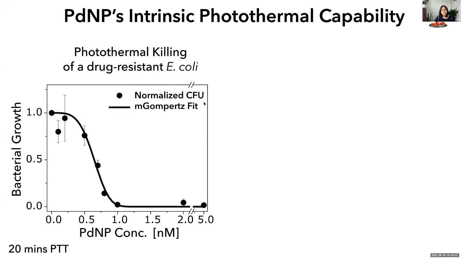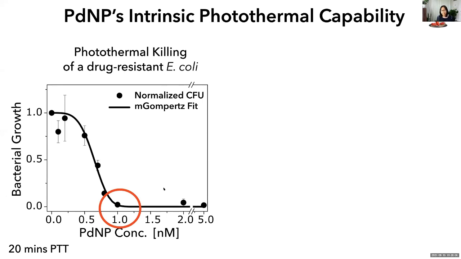If I fit this data into what we call an M-Gompertz function to determine its MIC, or minimum inhibitory concentration, we get an MIC that is 1 nanomolar. This is actually well and good. This is good news. It just shows that we can use this photothermal capability of PDNP to kill a drug-resistant E. coli in a stimuli-responsive manner.